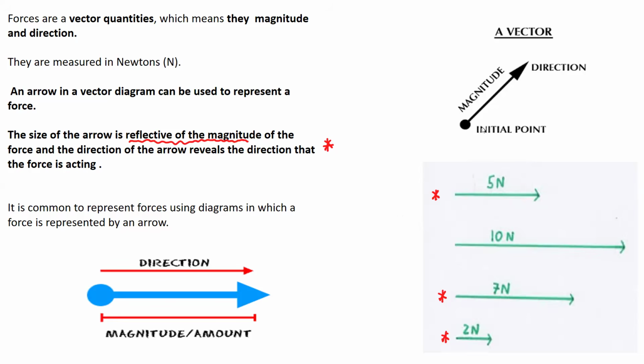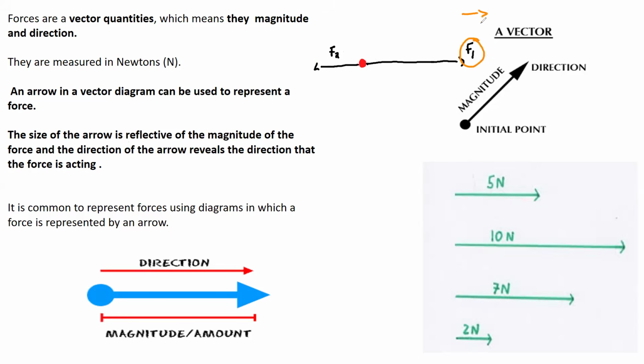Let me give you a bit of an idea. Check this out. Say, for an example, I have an object here, and on that object, there is an arrow this length, and I'll call this force 1, and there's another arrow this side, and I'll call this force 2. Notice that force 1 is acting to the right.